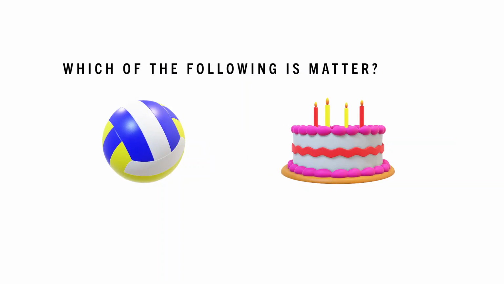Now, according to that definition, which of the following is matter? Here we have a volleyball, right? Yes, that is matter. And we have a pretty birthday cake, and that is also matter. Why? Because they both take up space and they both have mass.